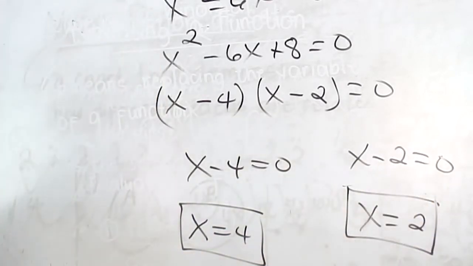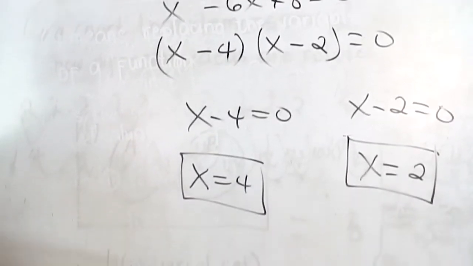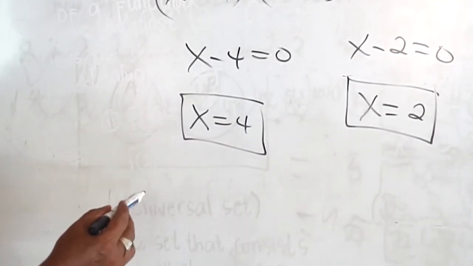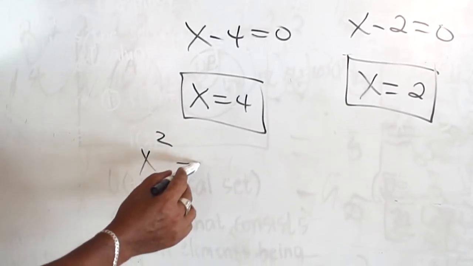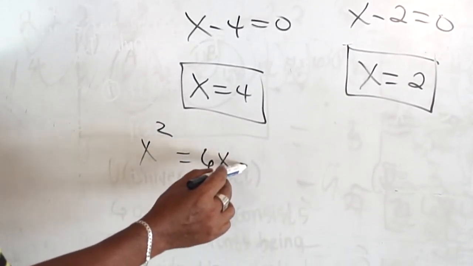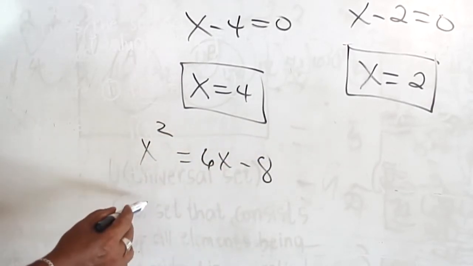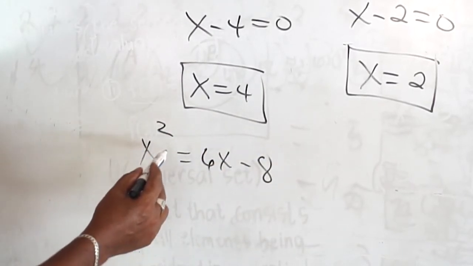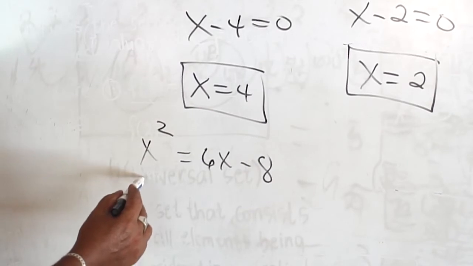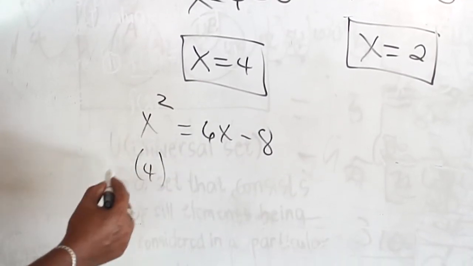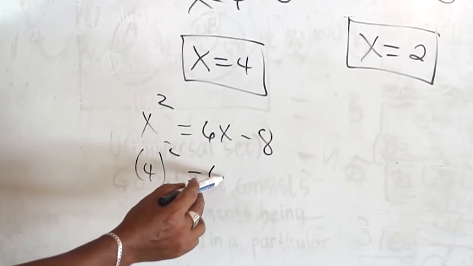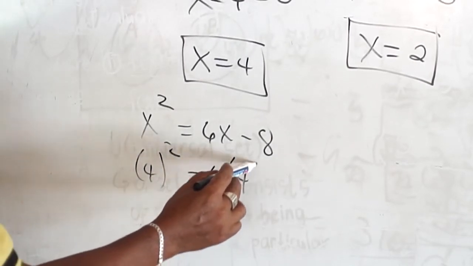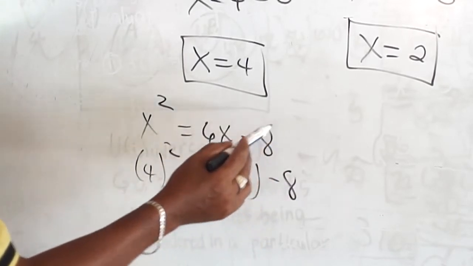Then checking, we use the first solution, where the value of x is 4. Use the original equation, x squared equals 6x minus 8. So 4 squared equals 6 multiplied by 4, minus 8.